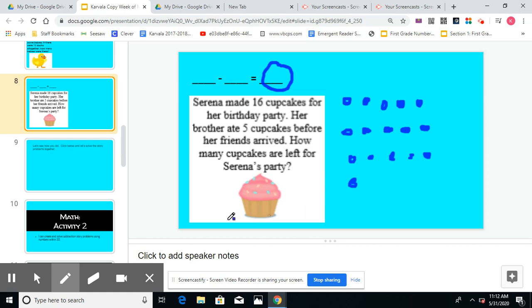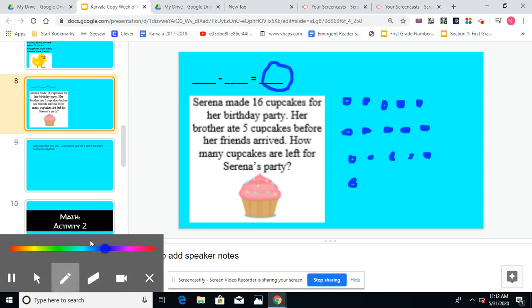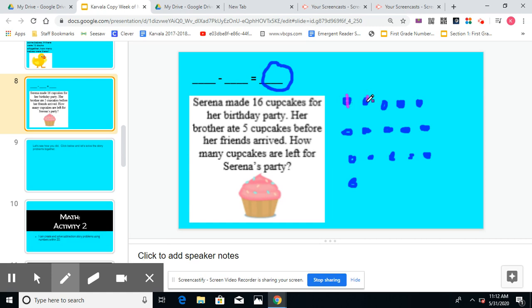And then it says her brother ate 5. Her brother ate 5. So I'm just going to cross out, or you could erase 5. All right, now we've got to figure out how many cupcakes are left for the party. So 1, 2, 3, 4, 5, 6, 7, 8, 9, 10, 11.